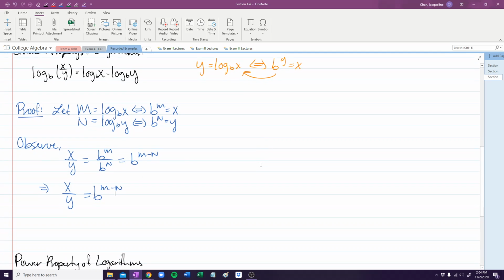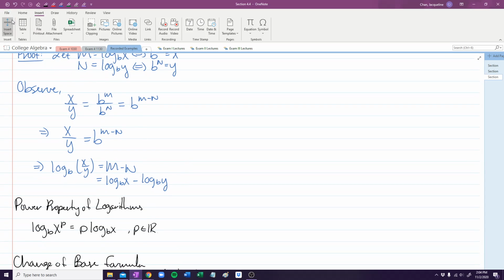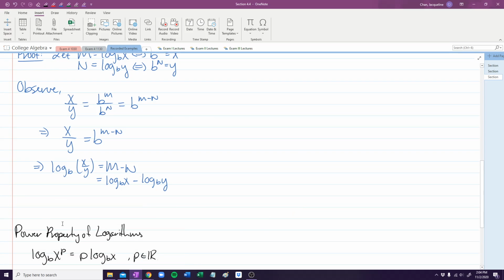And again, I'm going to use this equivalent property, but I'm going to make this into logarithmic form. So this is going to be log base b of x over y is equal to m minus n. But remember, what is m? m is log base b of x, and n is log base b of y.